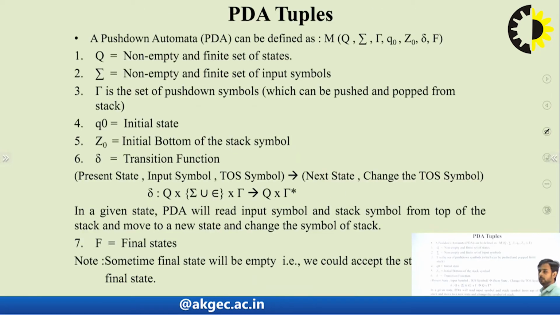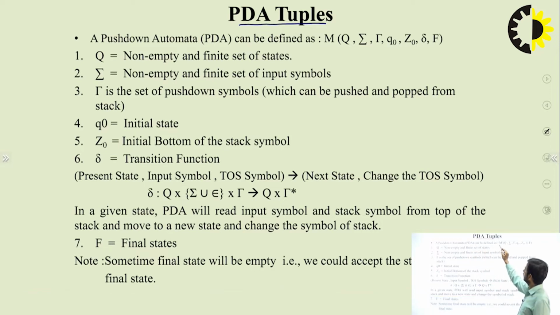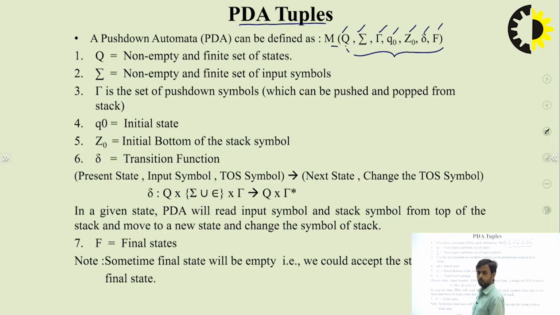Now next, see the tuples of push down automata. A push down automata PDA can be defined as M with 7 tuples: Q, sigma, tau, q naught, Z naught, delta and F. So let's see one by one.